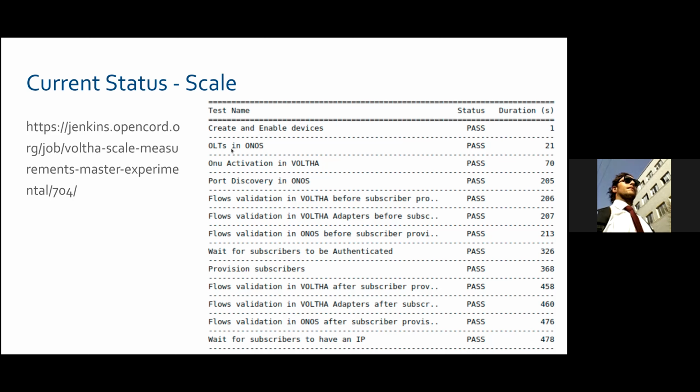We send a request to create a single meter in VOLTHA that takes roughly 10 to 15 seconds to complete, regardless of the application. That time cannot be improved because the way the flows and the meters are acknowledged is via flow stats, and ONOS only fetches those every 5 seconds.